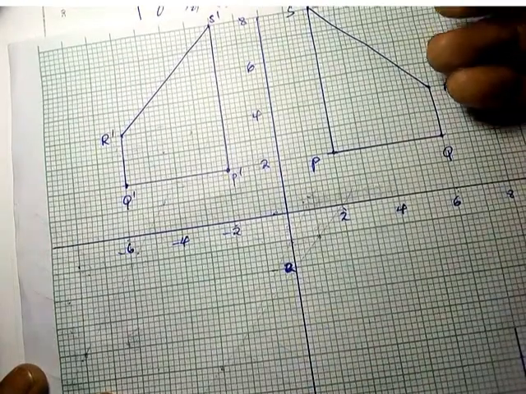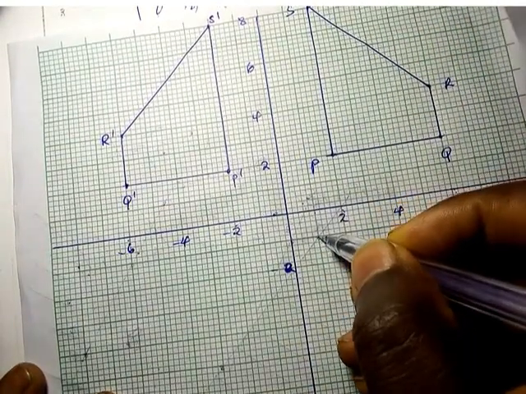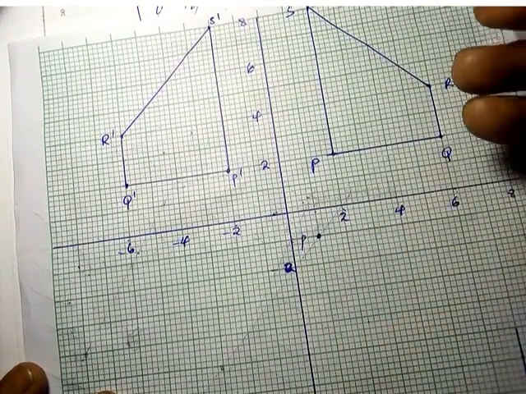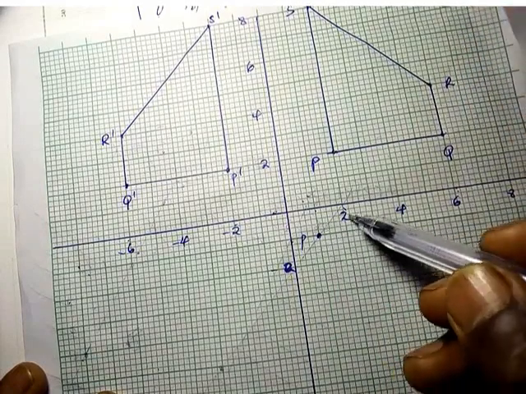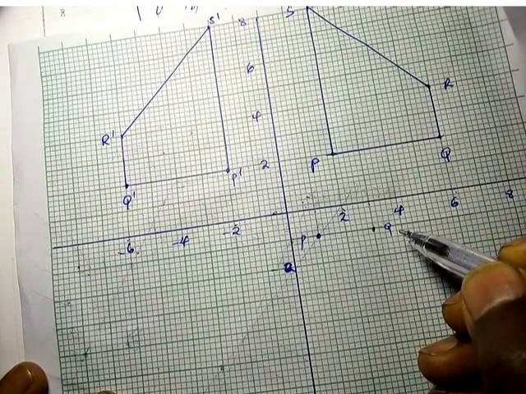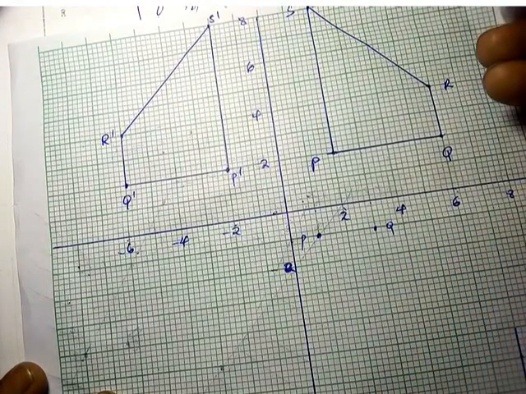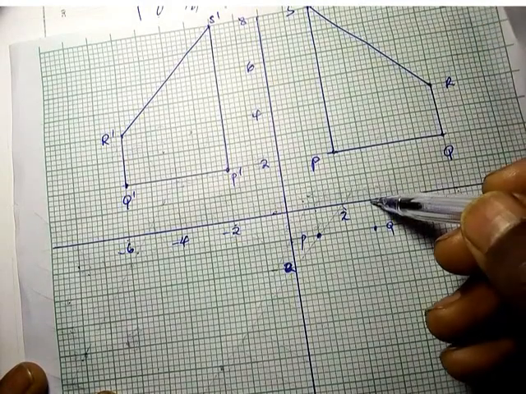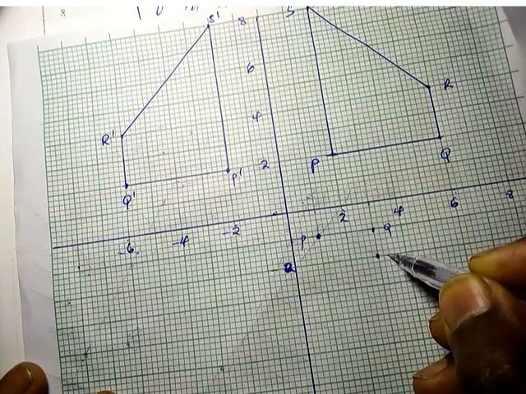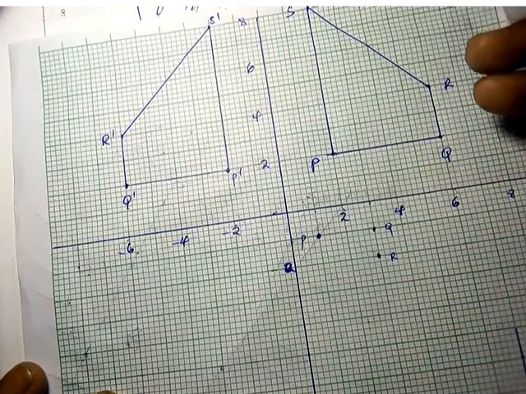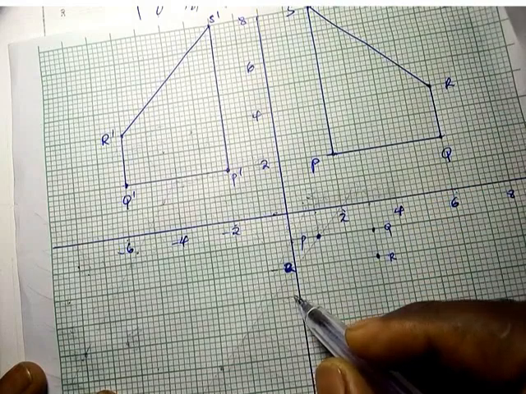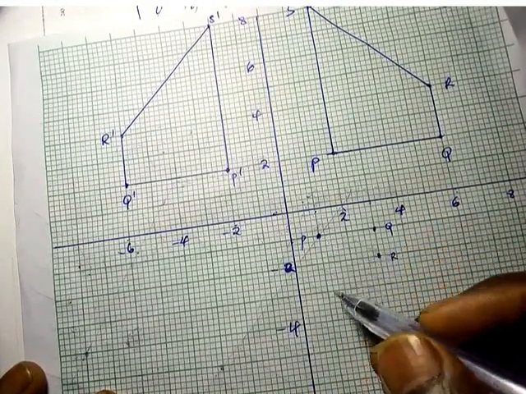So that is 1, negative 1. This is 1, negative 1 here. That one is P. And then 3, negative 1. 3 is here, negative 1. That one is Q. And then 3, negative 2 here. That one is R. And then 1, negative 4. That is negative 4 here.